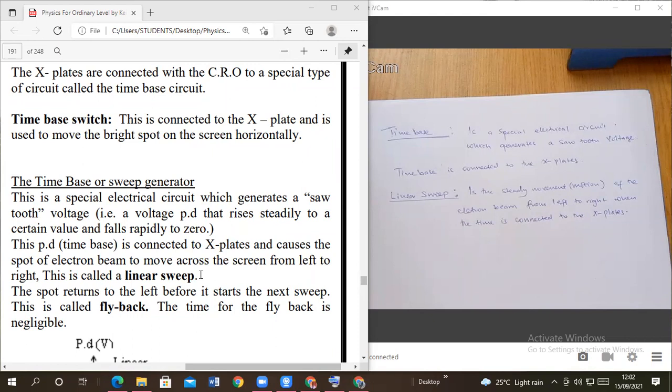That is the time for which the electron beam rapidly falls to zero.